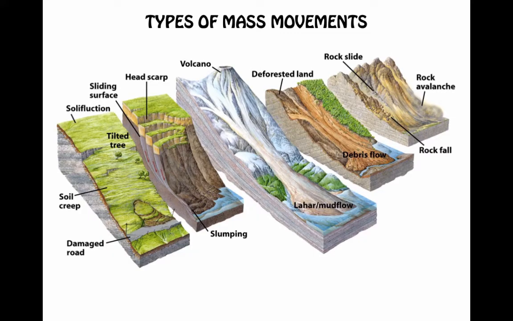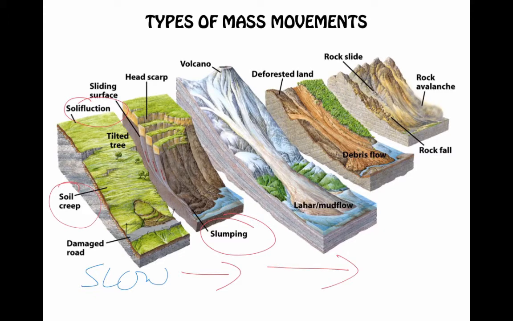Just to review, remember, mass movements are any downslope movement of material. And we have types of mass movements that range from very slow, such as creep and solifluction, which is the freeze-thaw method where the soil expands, then moves down slope, to slightly faster as we move to the right, which we call slumping, to even faster than that, where we have mud flows, debris flows, and lahars.